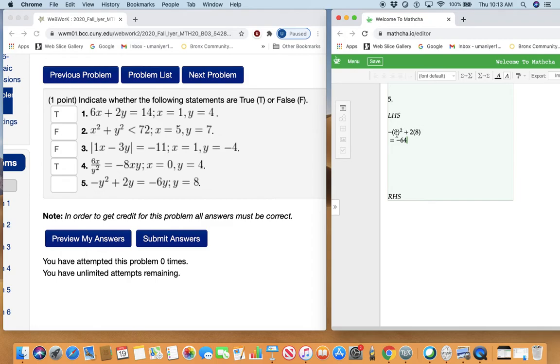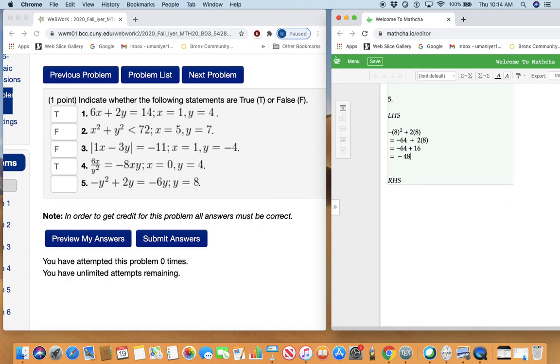Notice the square applies to only things inside the parenthesis. Outside is negative. Plus 2 times 8. That is negative 64 plus 16. That has a bigger magnitude, so it's going to be negative. I'm going to have to find the difference between these two, so I think that's 48.